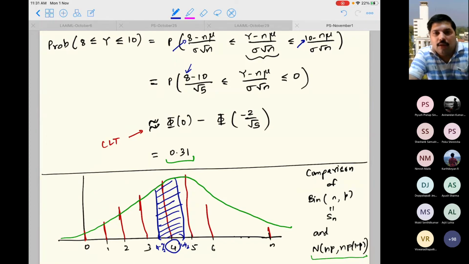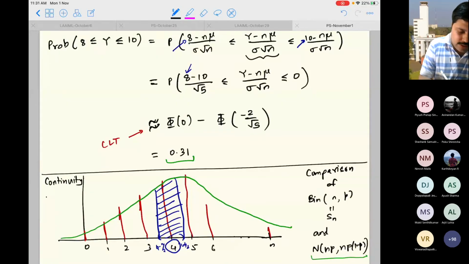This approximation is called continuity correction, because I am approximating a discrete random variable with a continuous random variable.